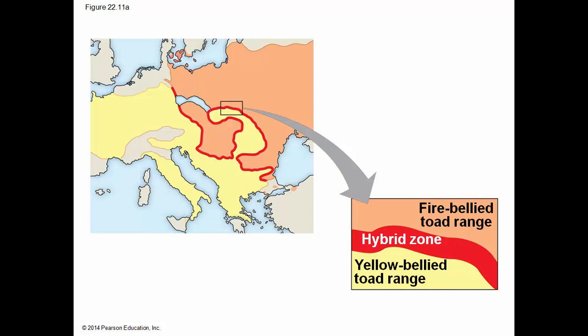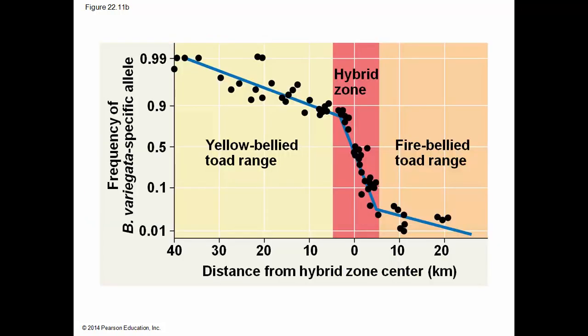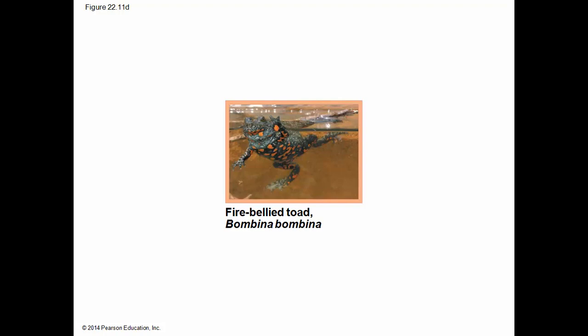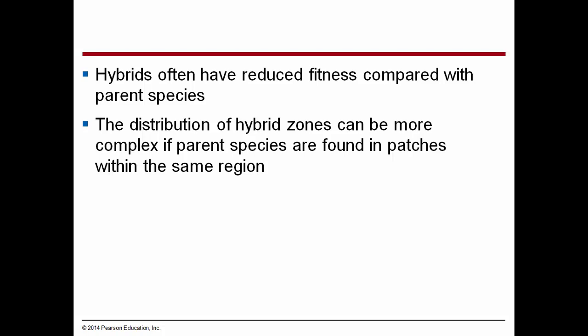Okay, here's the hybrid zone right here through the Caucasus Mountains. Hybrids often have reduced fitness compared to parent species. The distribution of hybrid zones can be more complex if parent species are found in patches within the same region.